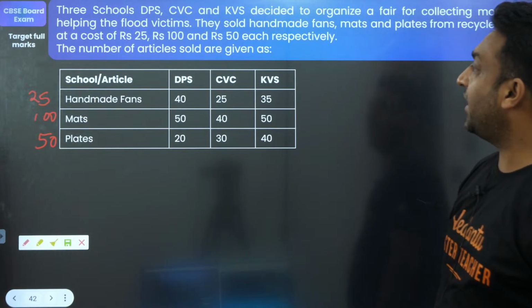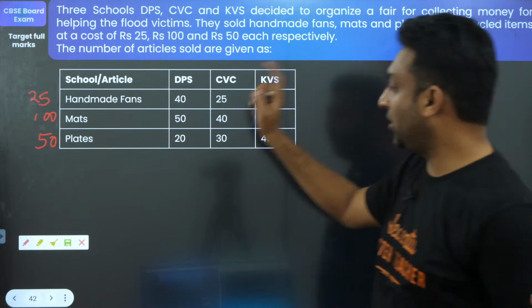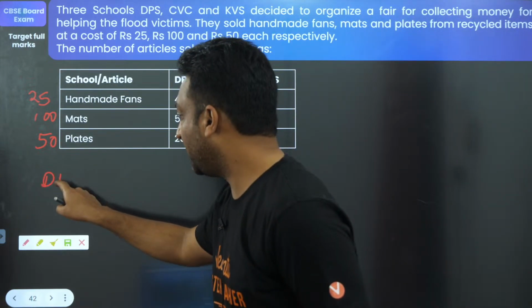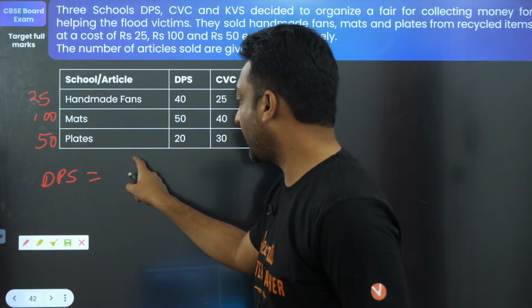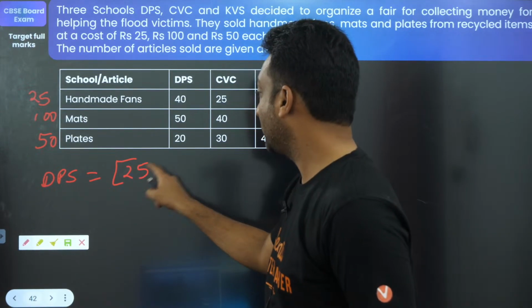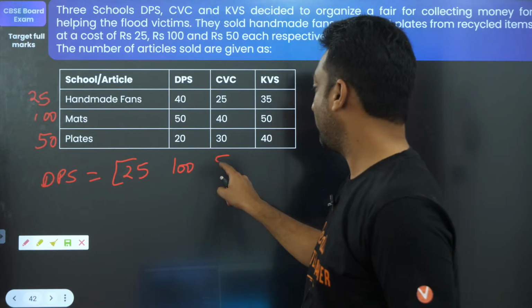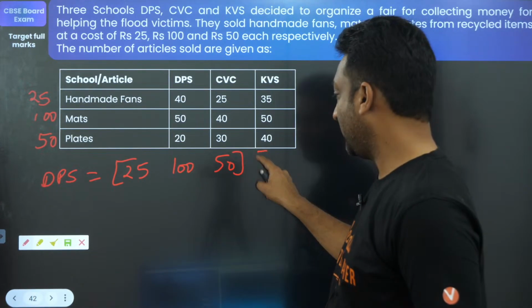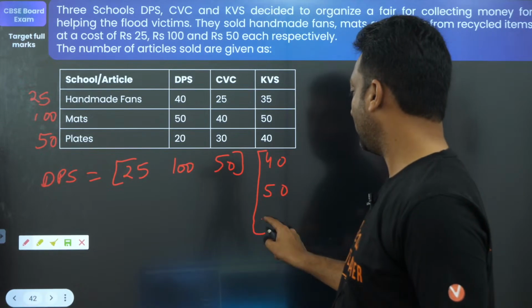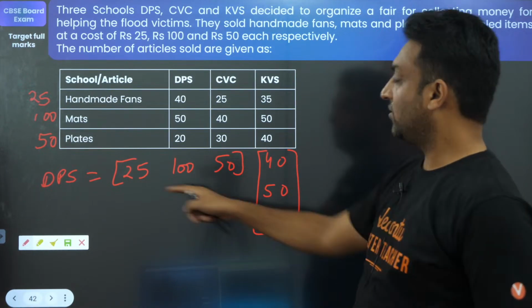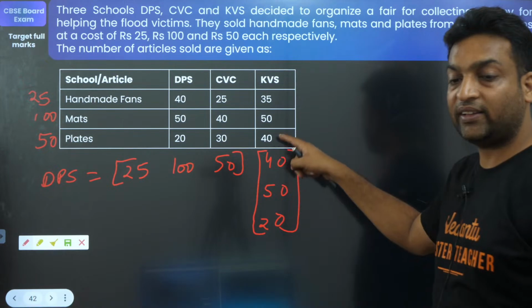So money collected by DPS. How much money did DPS collect? Simple. You can write it like this: 25, 100, 50 into 40, 50, 20, a row matrix into a column matrix.